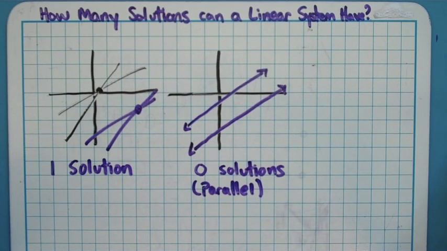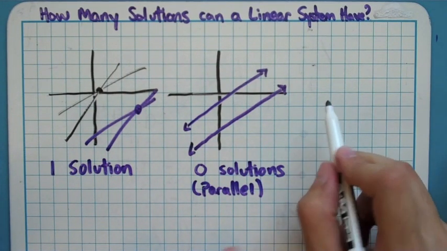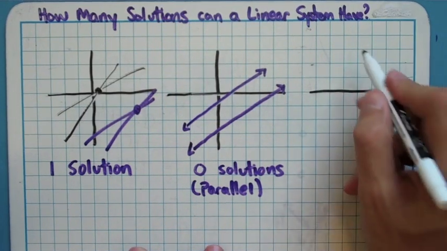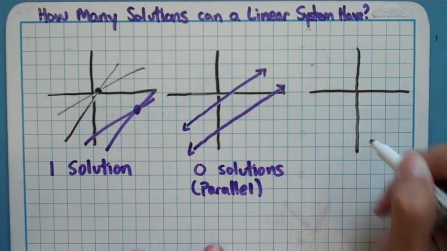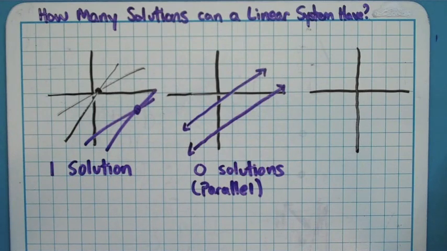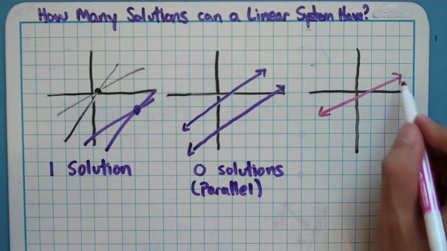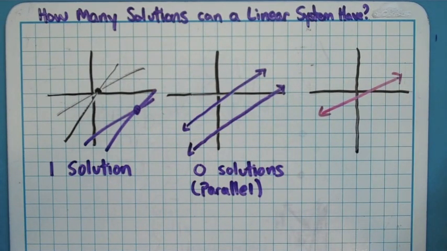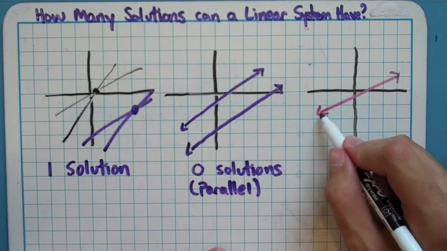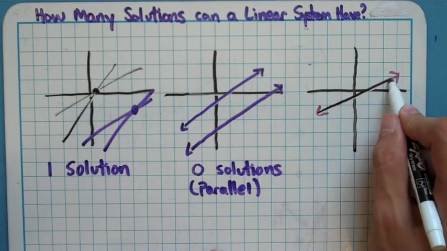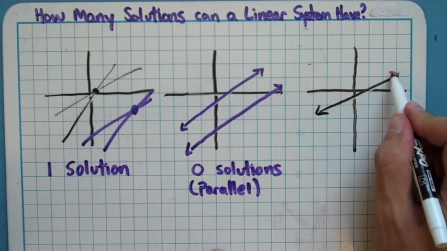And finally, there's one more situation out there. Let's say I had my first line like this. And then I had my second line right on top of it. So they're right on top of each other.